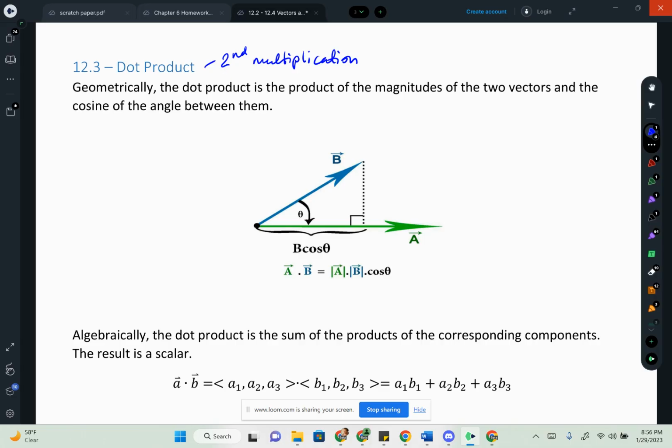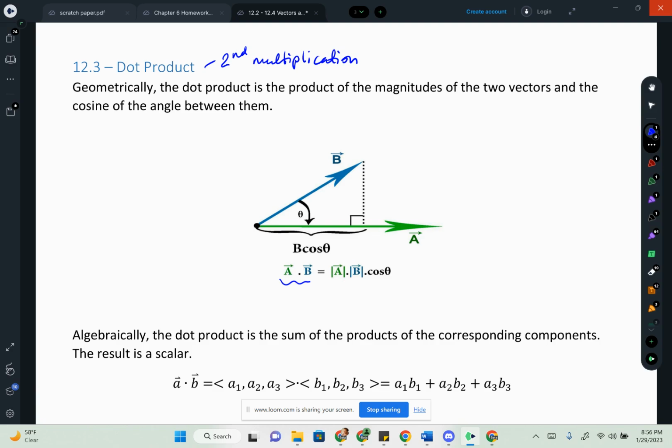Geometrically, if we had two vectors and the vectors were not parallel and they had an angle formed between them called theta, then we could say that the dot product of the two vectors, A dot B, would be equal to the product of their magnitudes times cosine of the angle.